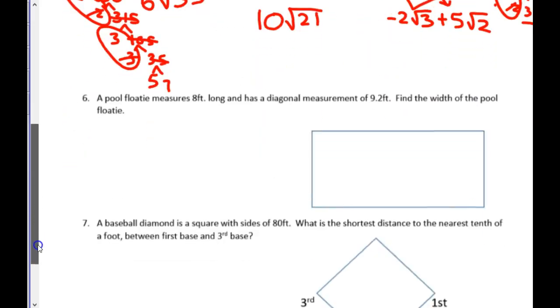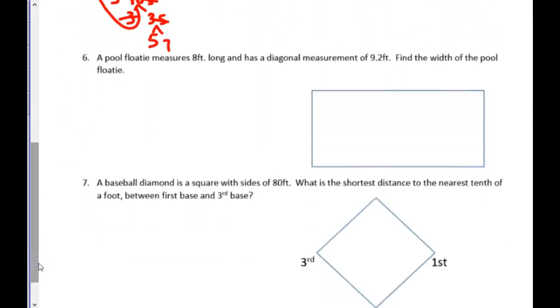Okay? Number 6, pool floating measures 8 feet long. Cool. It has a diagonal measure of 9.2. Diagonal means from here to here. 9.2 feet.